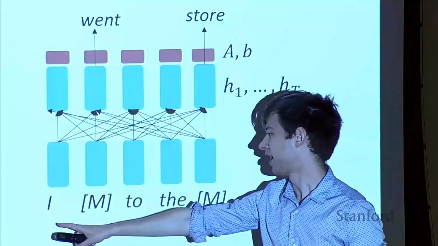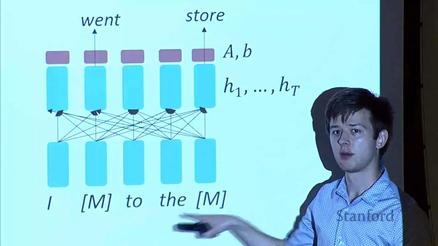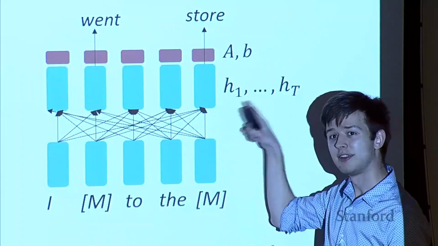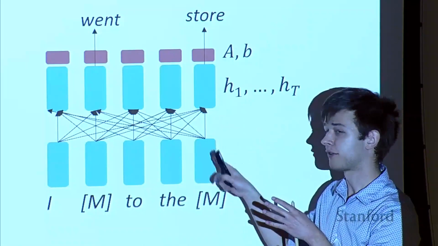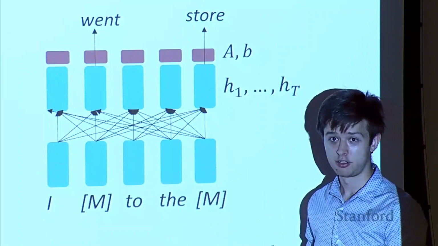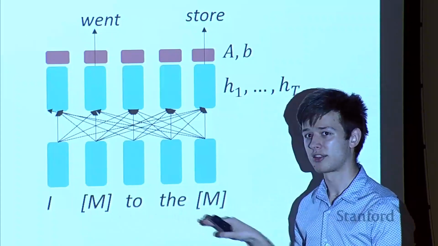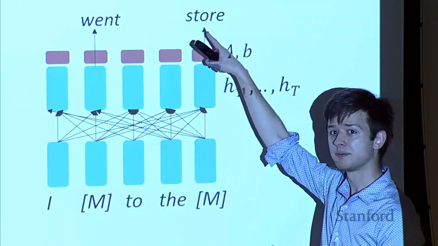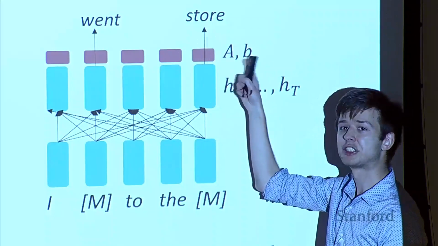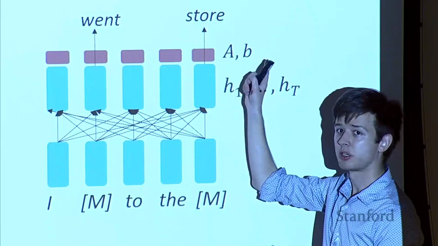But here's what it looks like. We have the sentence, I [MASK] to the [MASK]. We get some hidden states for all of them, right? So we haven't changed the transformer encoder at all. Here's this sequence, you get to see everything. Look at all the arrows going everywhere. But then we have this prediction layer that we're pre-training.